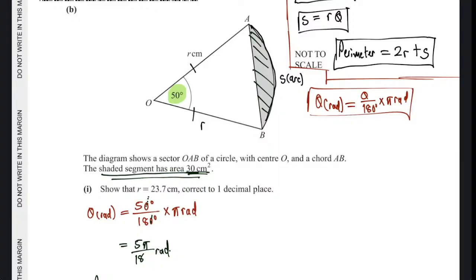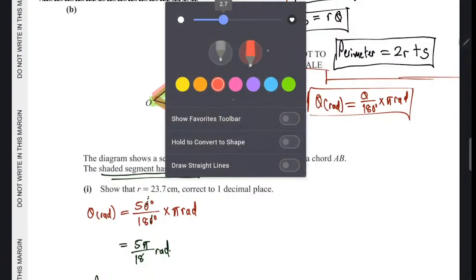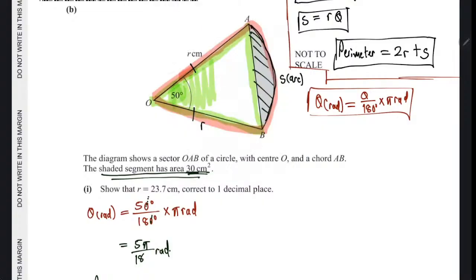But what Mr. Clarify gave you is the 3 ways to get the area of a triangle. So we can get the area of this triangle, and we can subtract it from the area of the sector itself, which is in pink. So we get the whole sector in pink. We remove the triangle, which is this. Area is the inside, right? So we remove this. Obviously, we will remain with the segment.